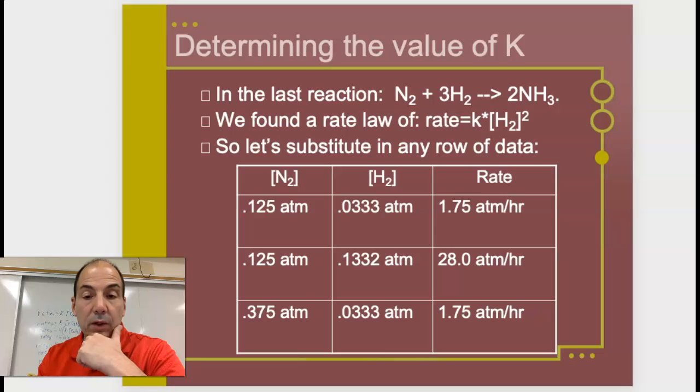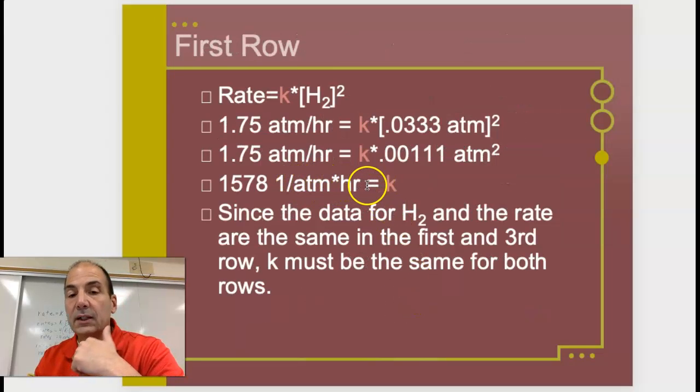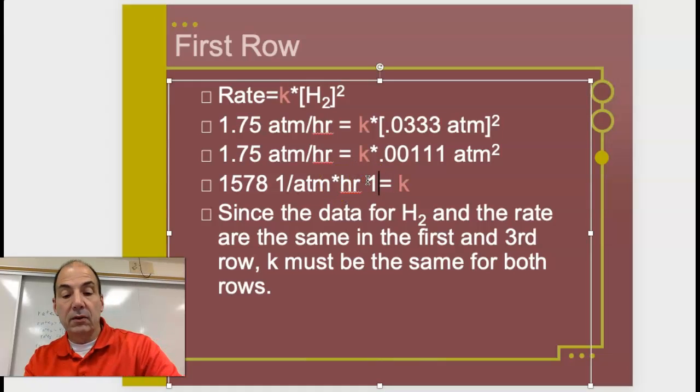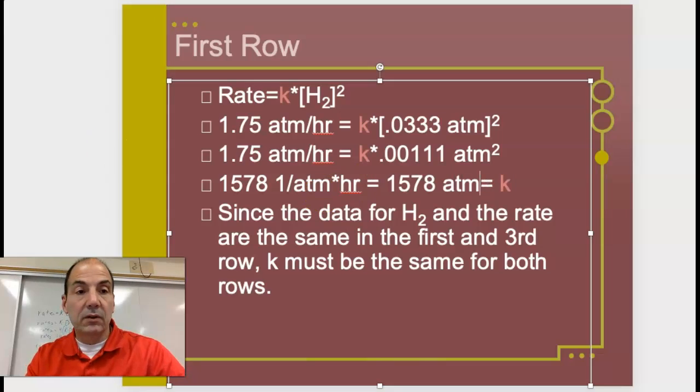So that's where those units of 1 over atmosphere hours come from. And on the AP, they would probably write it as 1578 atmospheres to the -1 times hours.